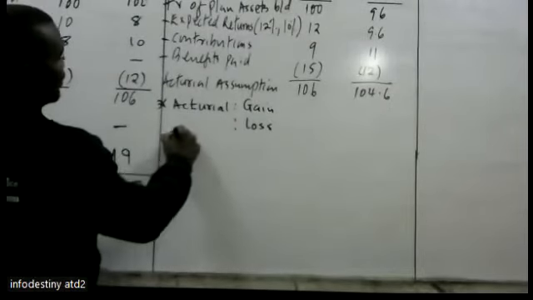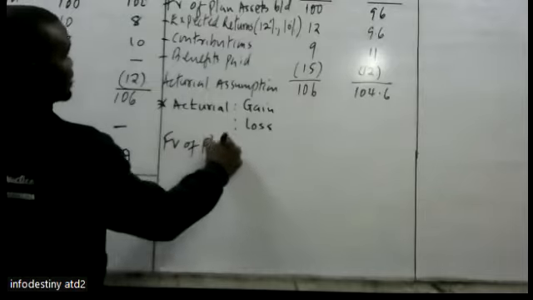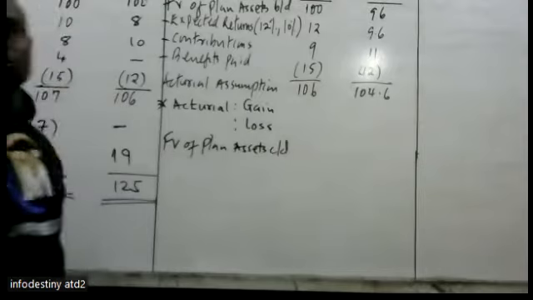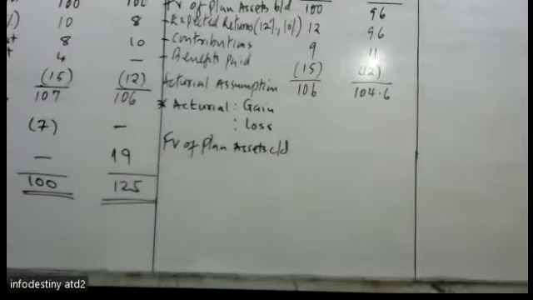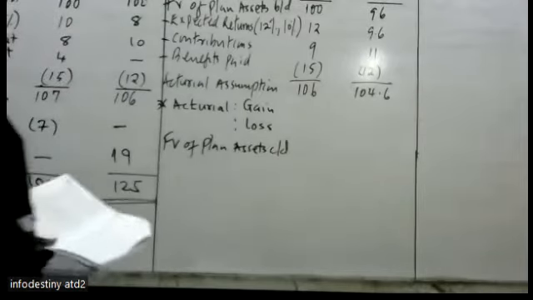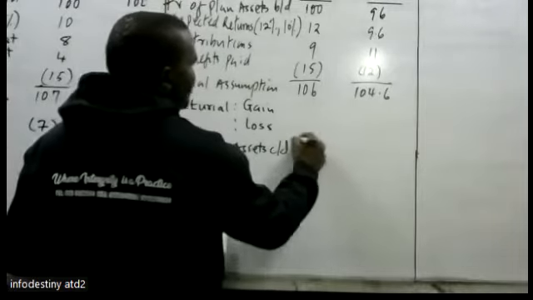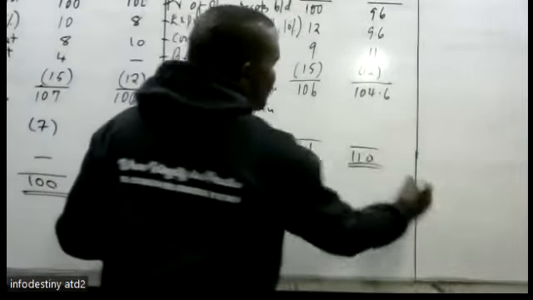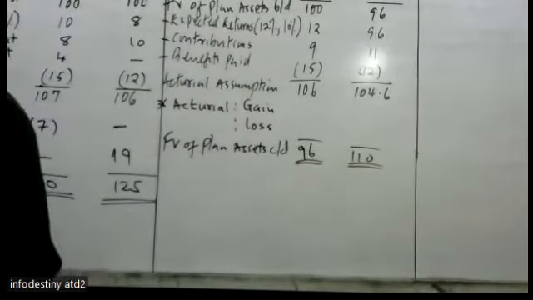So fair value of plan assets carried down. Of course, we have been given 2016, 96. Here again, 110. So tell me whether we gained or we lost.